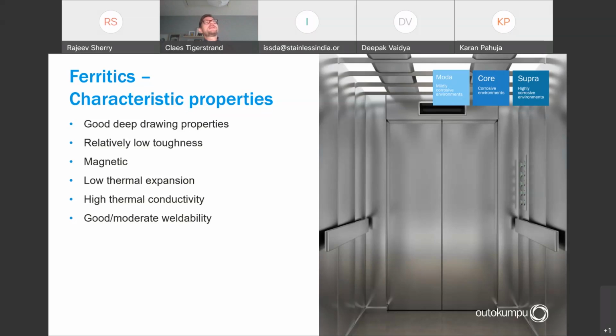The ferritic structure also means that you have a magnetic stainless steel. So that is an important way of understanding that it could be a ferritic grade, that it's magnetic, but it is not always true, as an austenitic grade can sometimes also be magnetic, but I will come back to that. But ferritic grades are always magnetic.